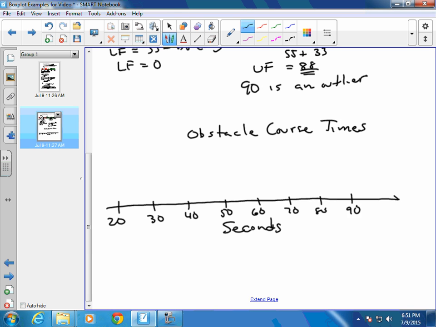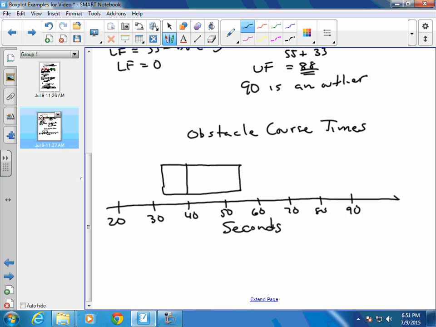So I got my labels down. Now we got to draw the box. The box goes from our 1st quartile, which was 33. Again, close enough to 33. And then it goes up to our Q3, which was 55. Our median was 40, so we got a line down the middle at 40.